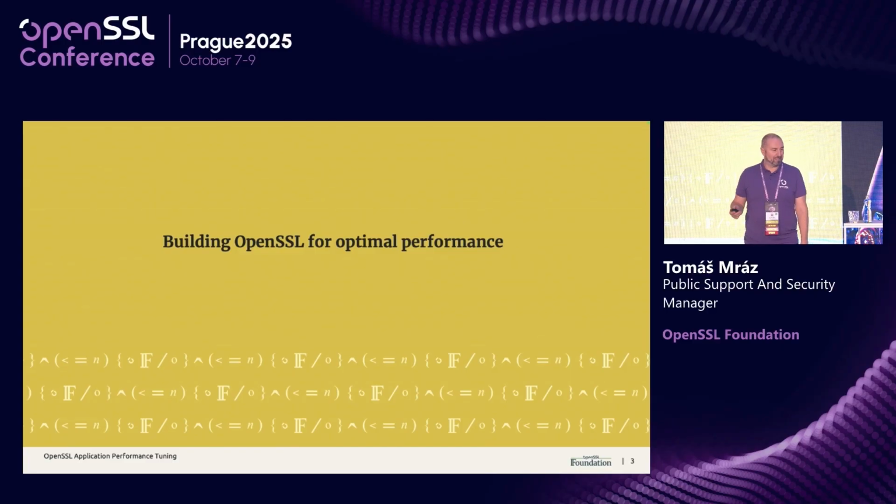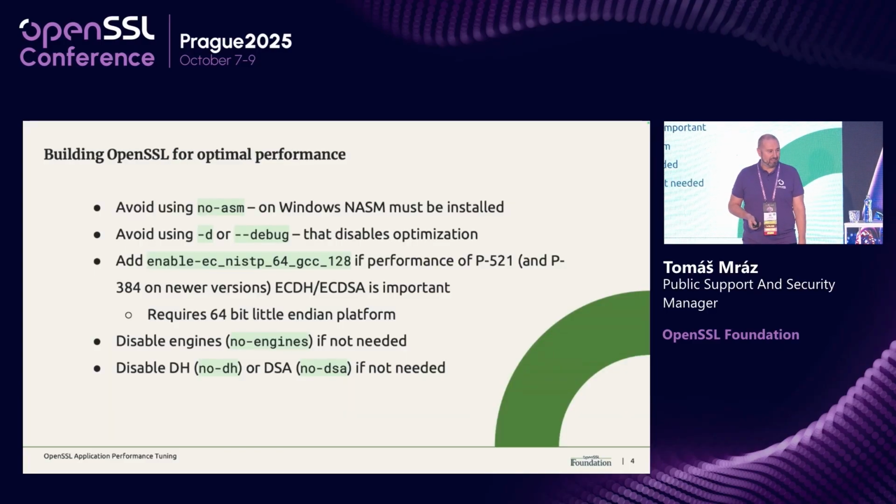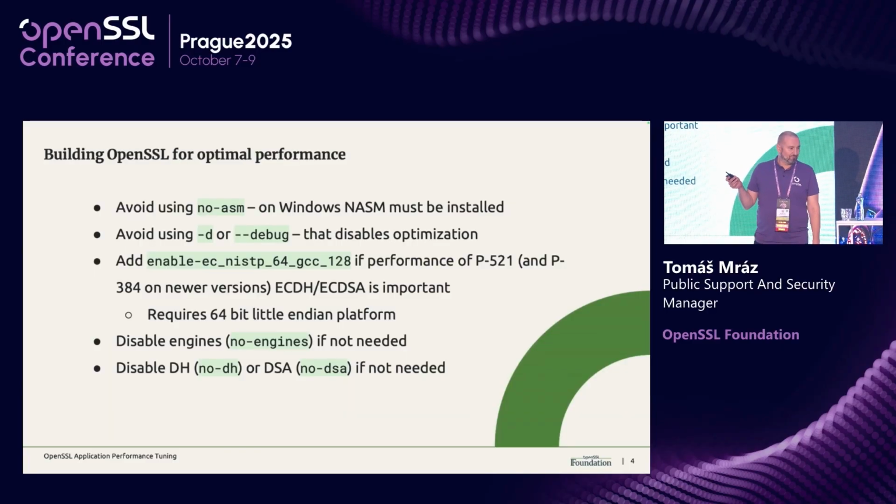So how do we build OpenSSL for optimal performance? Of course, you should avoid using no-asm. That means on Windows you have to have NASM installed. You must avoid using -d or --debug, which would disable the optimizations.